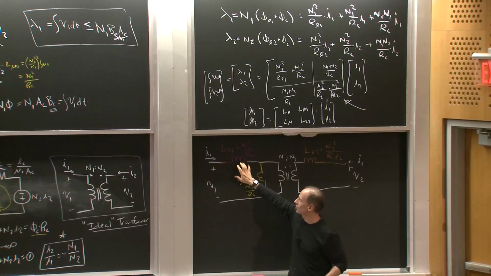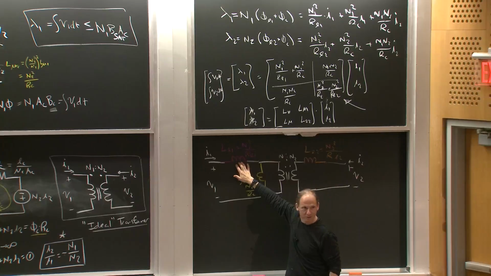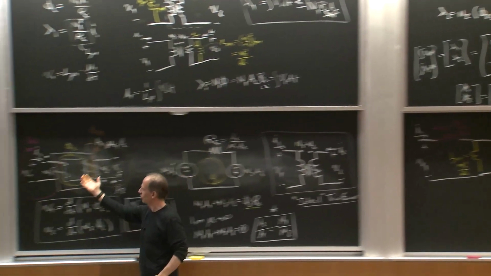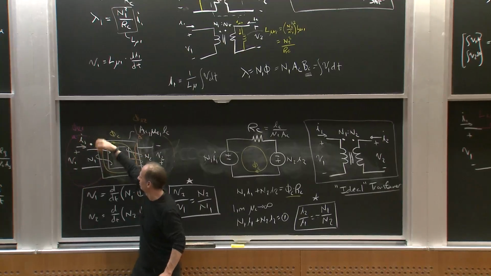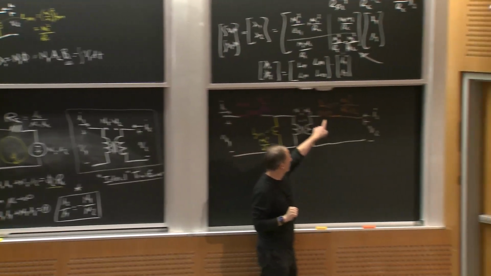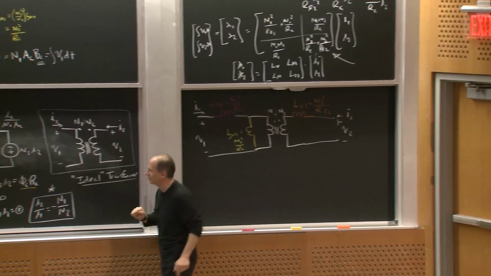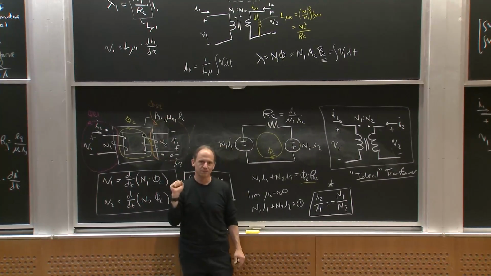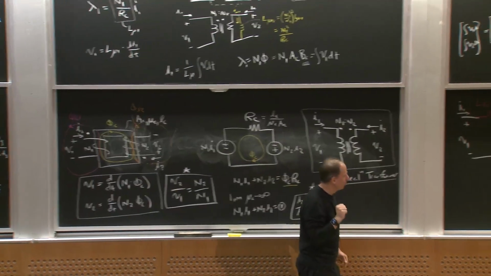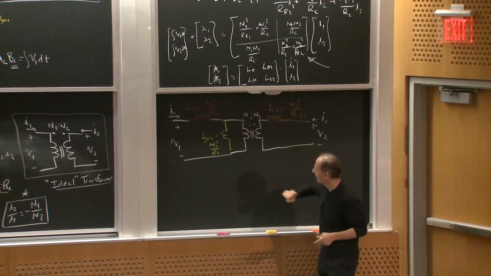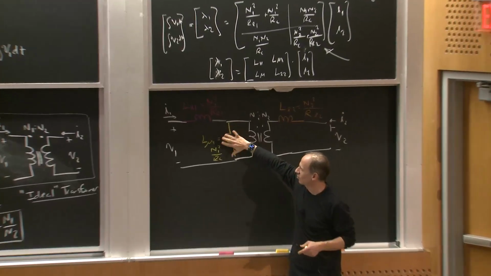The energy stored in this purple inductor relates to the magnetic energy stored in the field associated with this flux path. Likewise, the energy stored in this inductance is exactly the energy stored in the flux that links winding 2 but not winding 1.